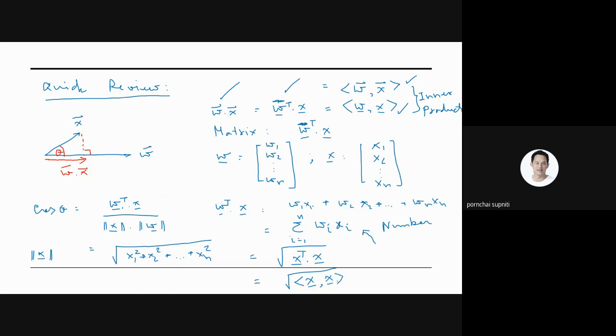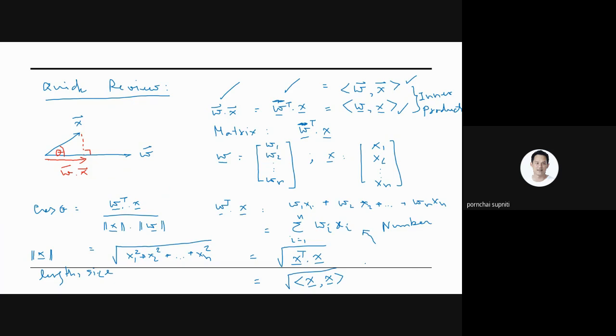So the size or the length can be found from the square root of the inner product. Like I mentioned, you can write it differently, but this is how it's usually defined.